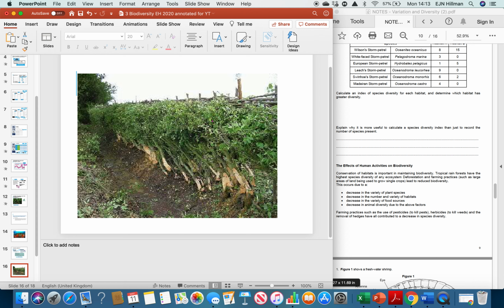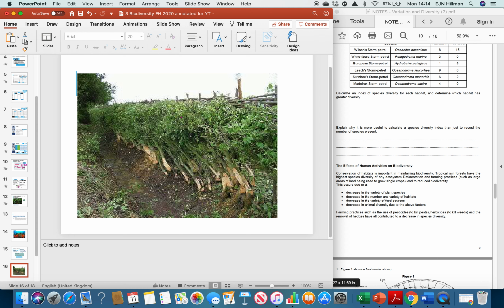Unfortunately, the impact of that was the loss of habitats because there were fewer of these plant species, lots of food sources, and then lots of species of particularly small mammals and birds were severely affected by that.